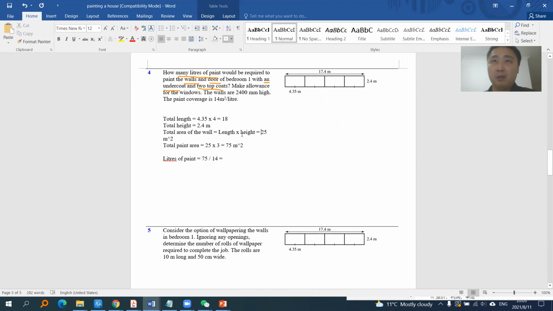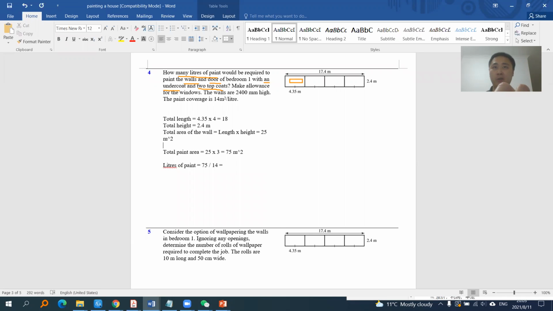If you get the total area of the wall, do not forget we still have a window. There should be at least 1 window, so you need to calculate the area of the window, which equals the width times the height.